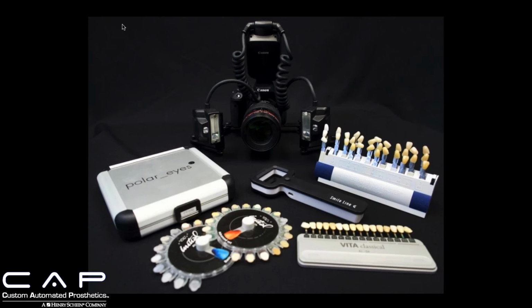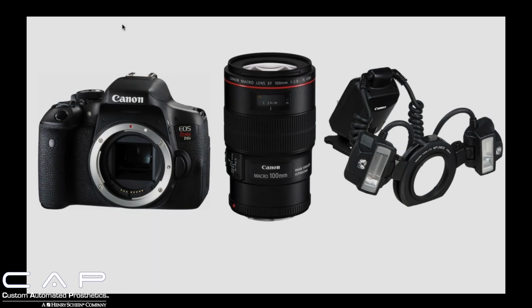So again, this is just my camera setup. I've got the EOS Rebel T6i, the 100mm macro lens, and the Canon twin flash. A lot of people have the new Canon Mark III or Mark IV full frame camera bodies, which are really nice, but they're not always necessary to capture what you need for intraoral shade taking and photography.